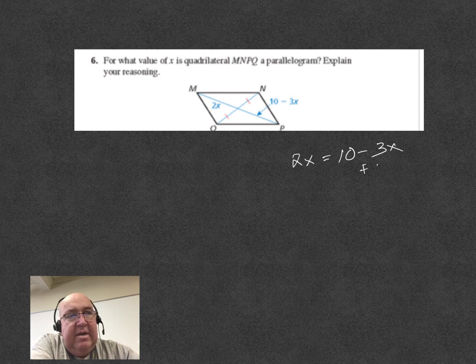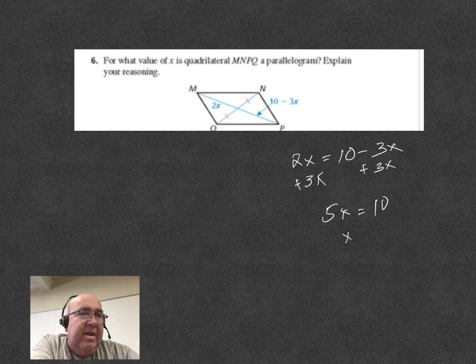We're going to add 3x to both sides. We get 5x is equal to 10. X then is equal to 2 after I divide by 5. So our sides are going to be 4, and 10 minus 6 is 4. So they're equal.